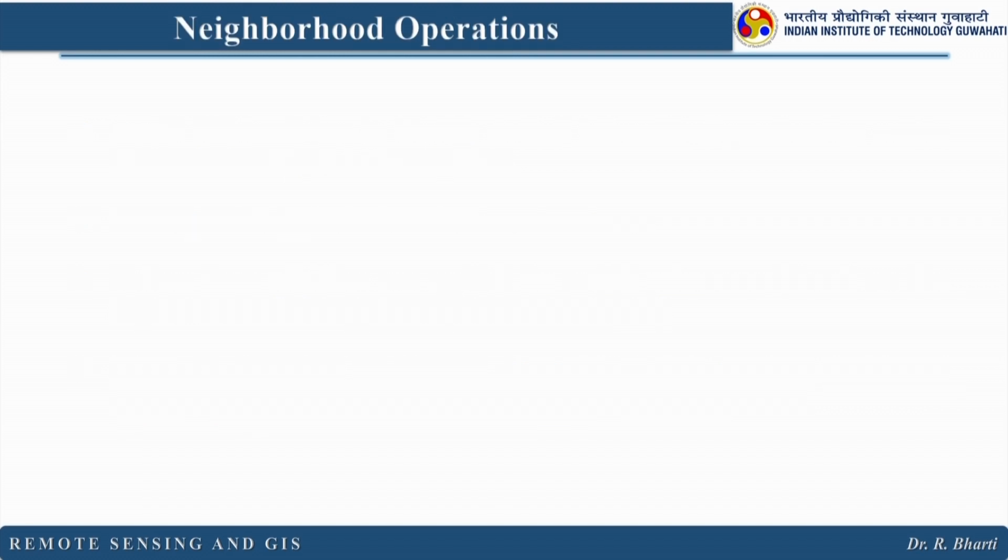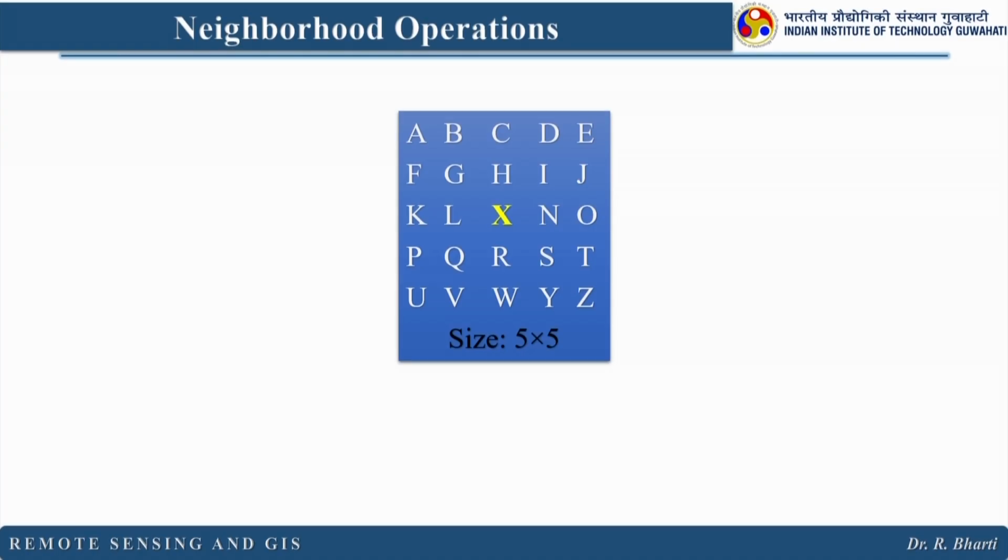So let us start with neighborhood operation. Basically, what do we mean by neighborhood in terms of an image? Let us take this example where we have an image, and A, B, C, D, E, F, G, H, I up to Z are the digital numbers or brightness values of this image. These are the associated values, and here we are looking at a matrix.